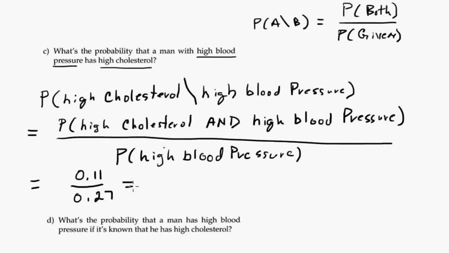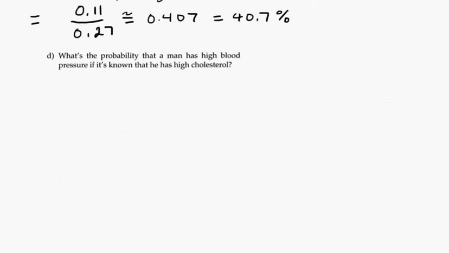So then you just use your calculator, and I get approximately 0.407, or 40.7%. Okay, so that's how you do that. It's a conditional probability.